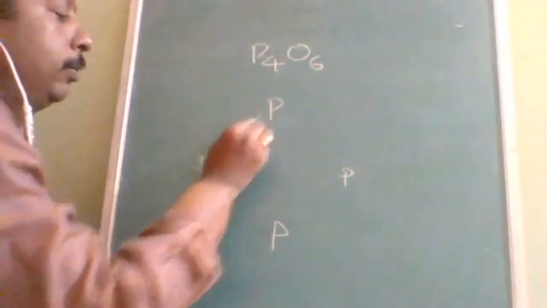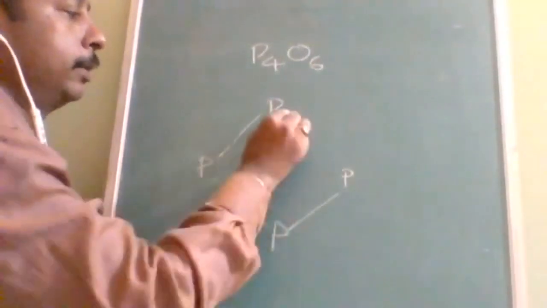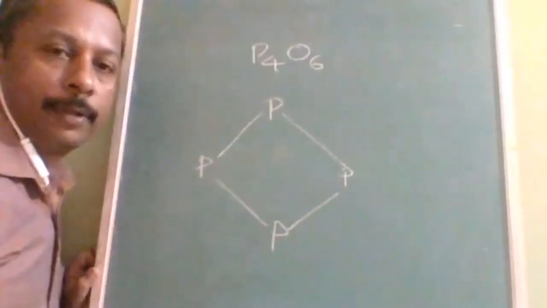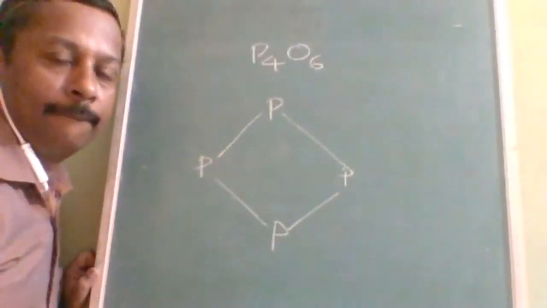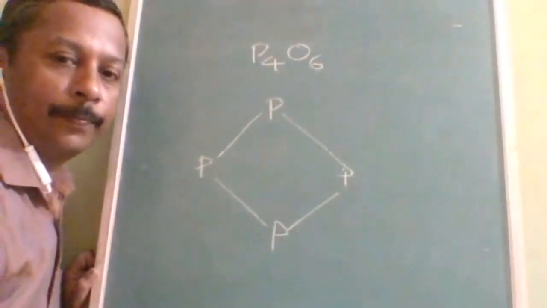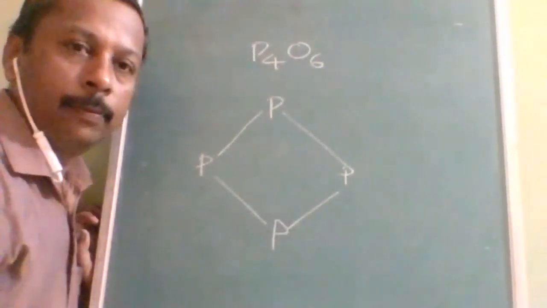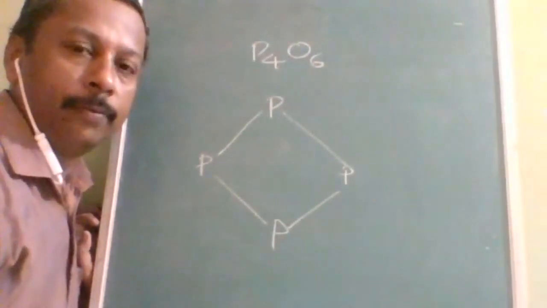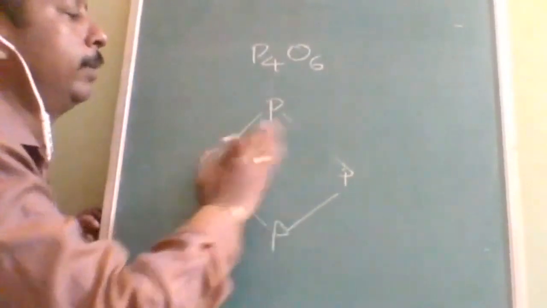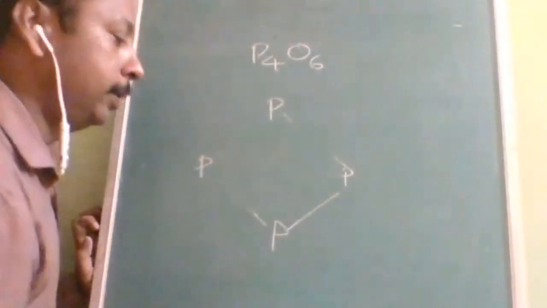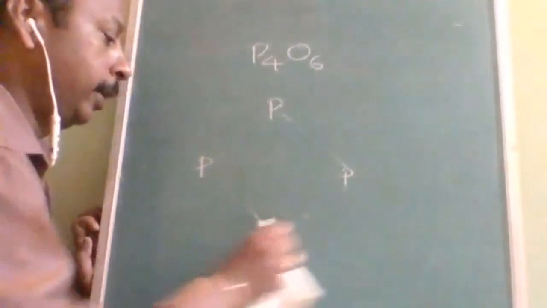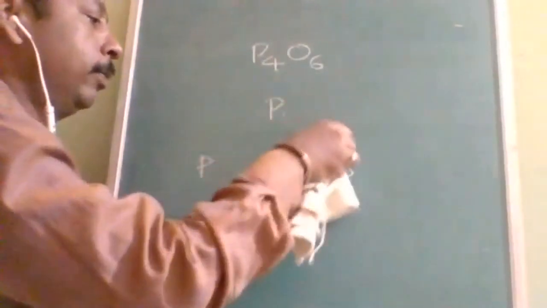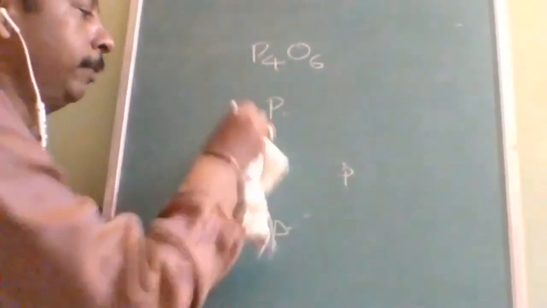So what I will do, I will connect like this: first a tetrahedron. Is it possible? No. Then what we will do, we will accommodate, because we got so many oxygens. This is just common sense; you should be able to satisfy all types of people.